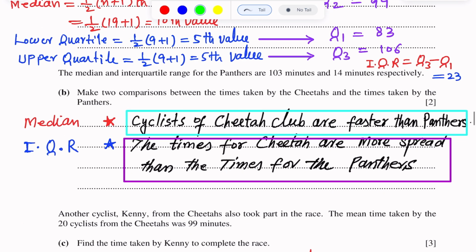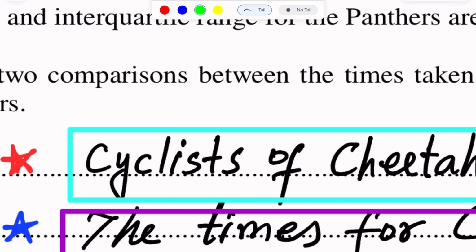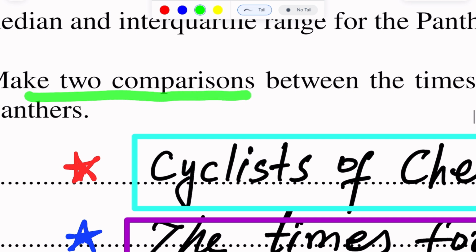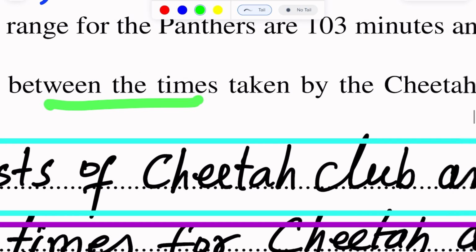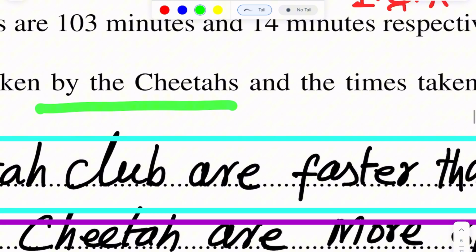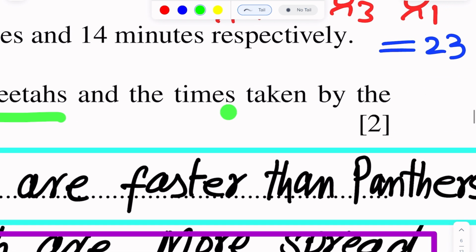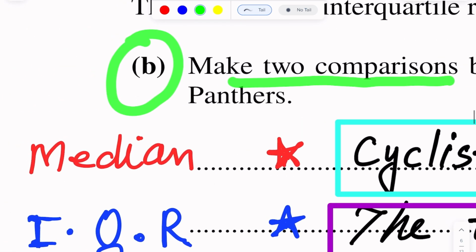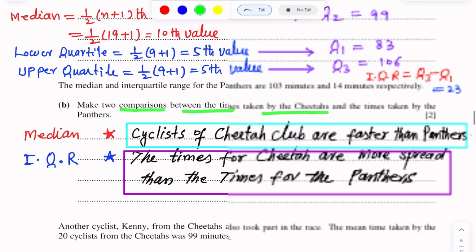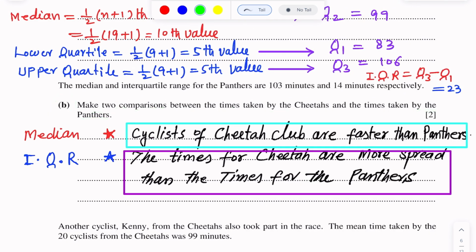So part B of this question: make two comparisons between the times taken by cheetahs and the times taken by panthers. For comparison, we will compare the central tendency of the data and the spread of the data.